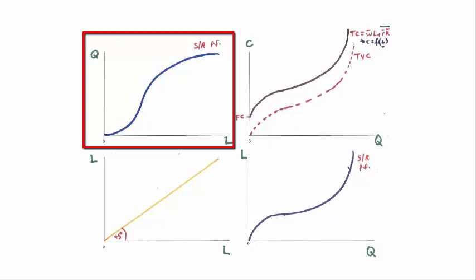This region is referred to as the region of eventually diminishing returns. We can actually continue the function a little further into a region where the returns are negative. In other words, we have gone beyond the maximum output level, and thereafter adding additional units of input will not contribute to increasing units of output.